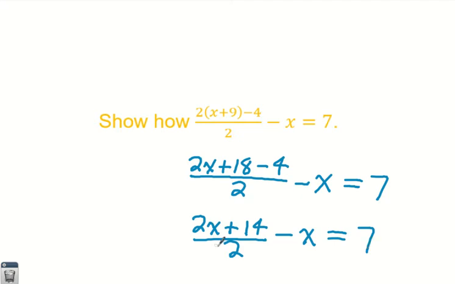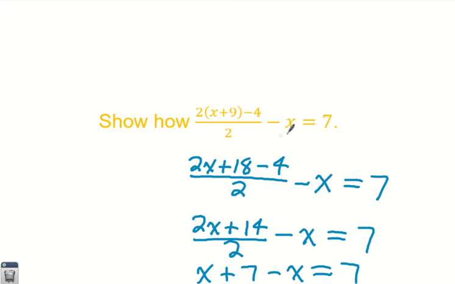But what you can do with this fraction is we could do the 2x divided by 2, and we should also do the 14 divided by 2, and 2x divided by 2 is 1x, 14 divided by 2 is 7, and I think now you can pretty much see how this is going to end, where x minus x will be 0, and you'll end up with 7, you know what I mean?